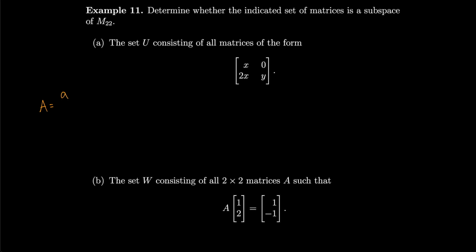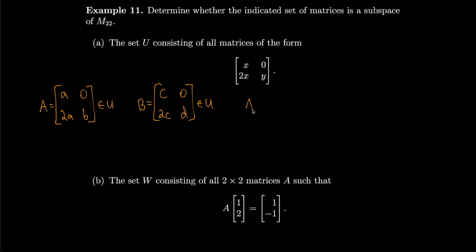So I'll take [a, 0; 2a, b]. I'm using different letters so that I can also come up with a matrix B in U. So I have a second vector that I can play with. So I'll make this one [c, 0; 2c, d]. Could have also just made one x1 and y1 and one x2, y2, but this is fine.